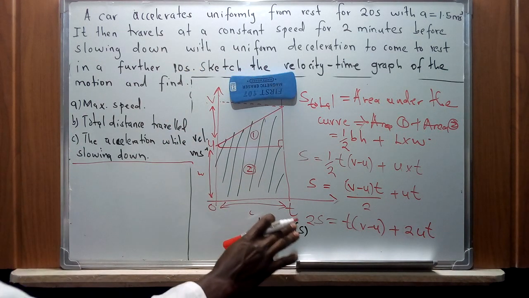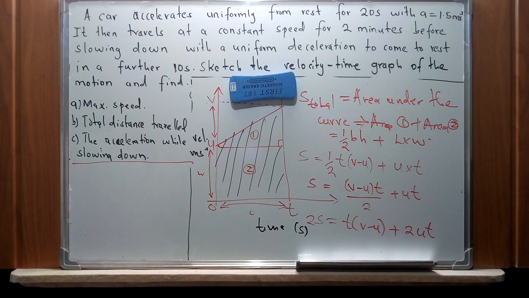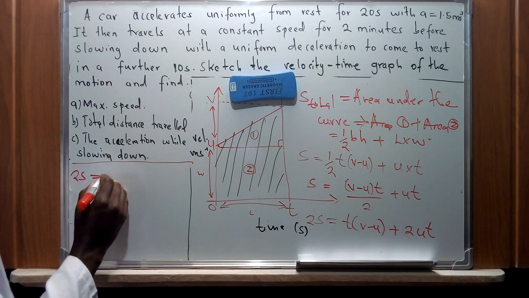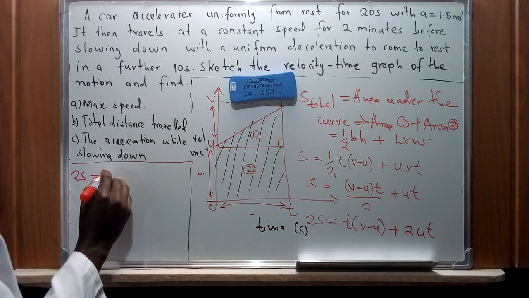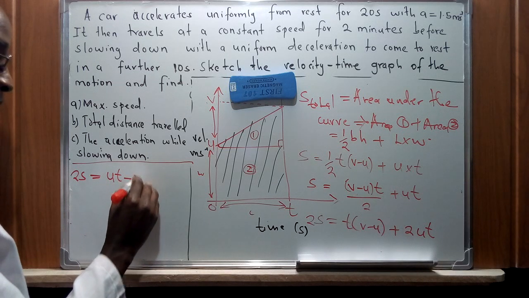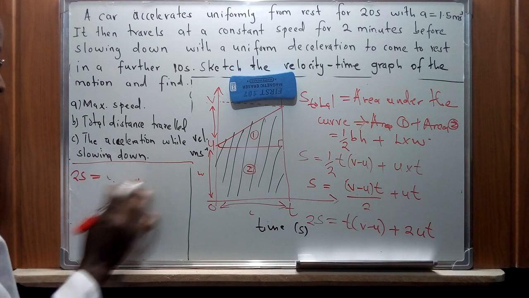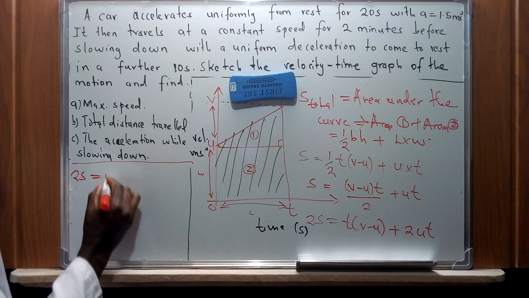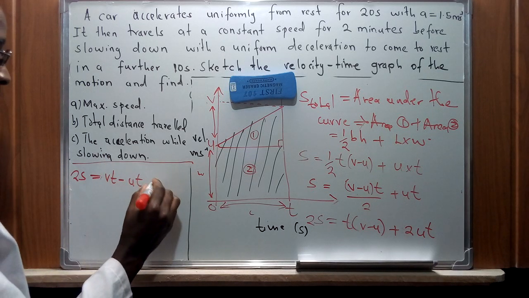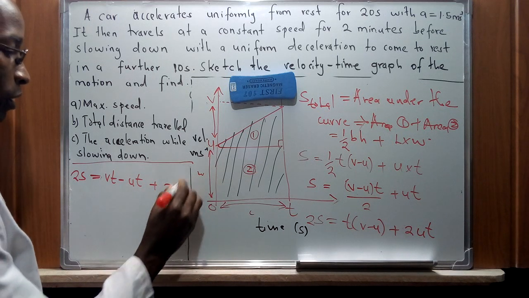We have 2s equals t into v minus u, and we can calculate the contents of the brackets, and then we shall have 2s equals vt minus ut plus 2ut.